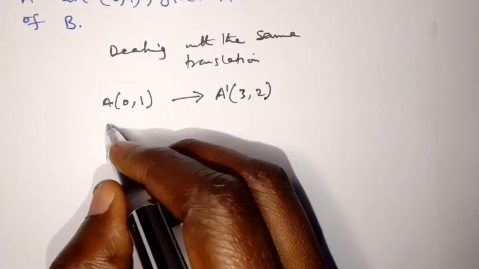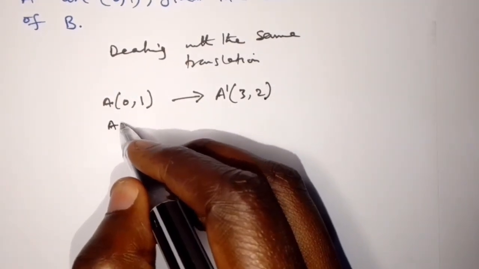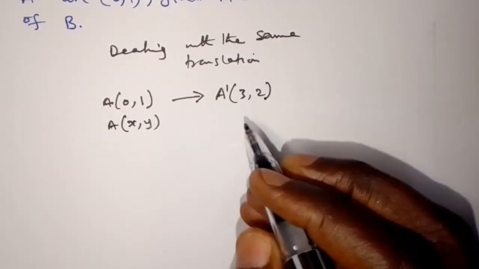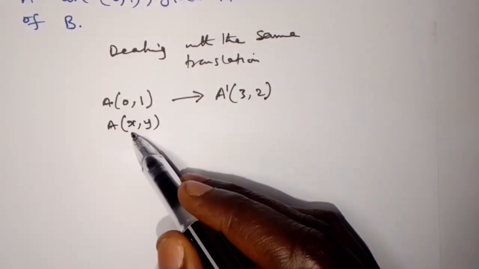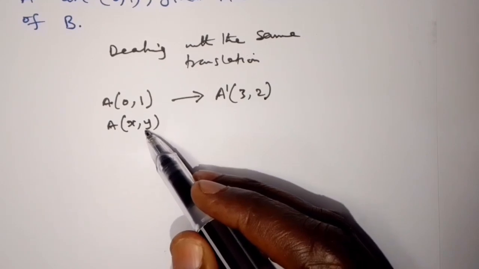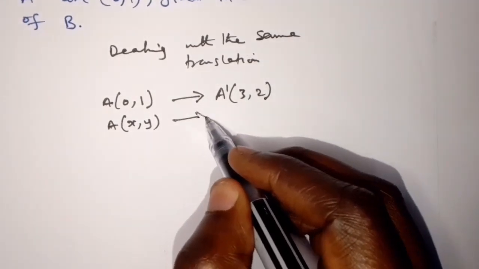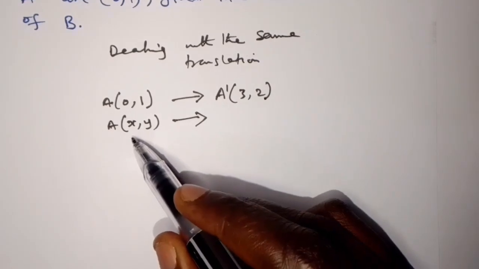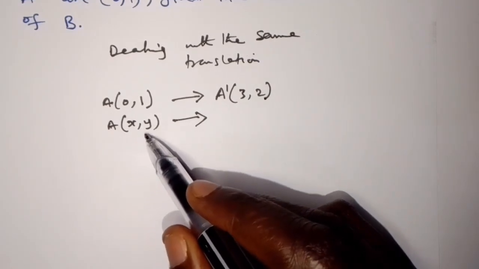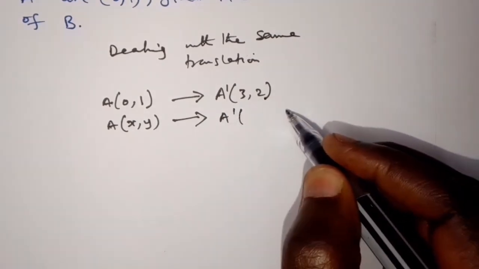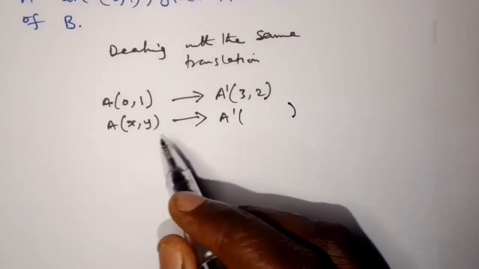We can say that our point A here can be represented by x and y, x for x-axis and y for y-axis. So we can say that point A, that is (x, y), has been translated into, we can make it in terms of x and y.